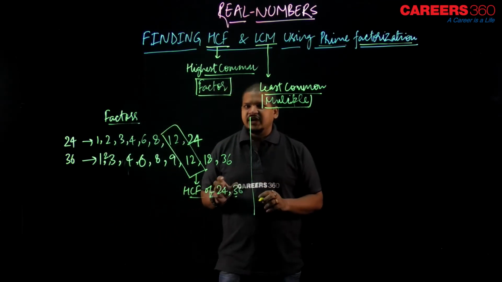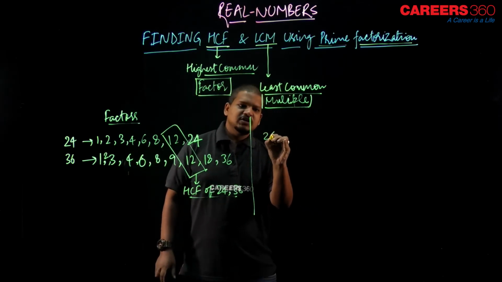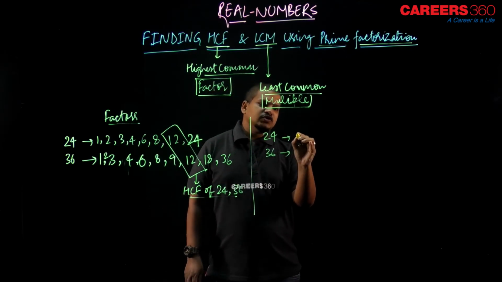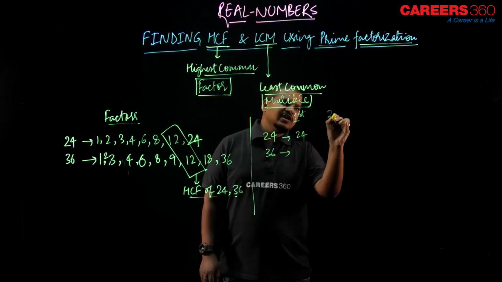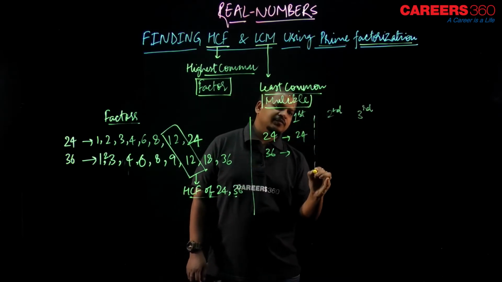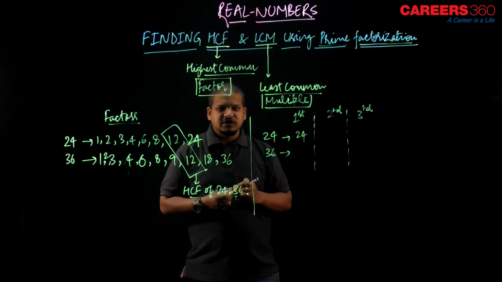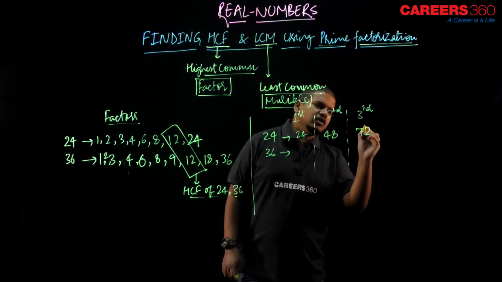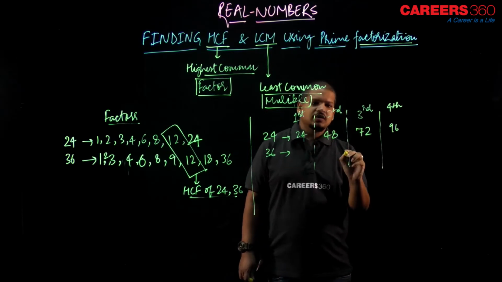Similarly, let's try to find out the multiples of 24 and 36. If I write the multiples of 24: 24 ones are 24, this will be the first multiple, this will be the second multiple, this will be the third multiple, and so on. 24 ones are 24, 24 twos are 48, 24 threes are 72, 24 fours are 96, and so on, right?